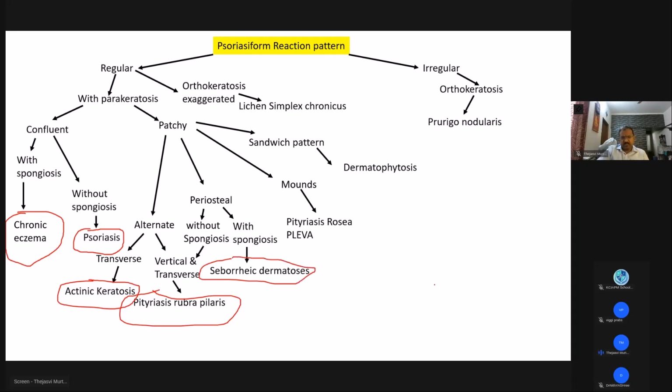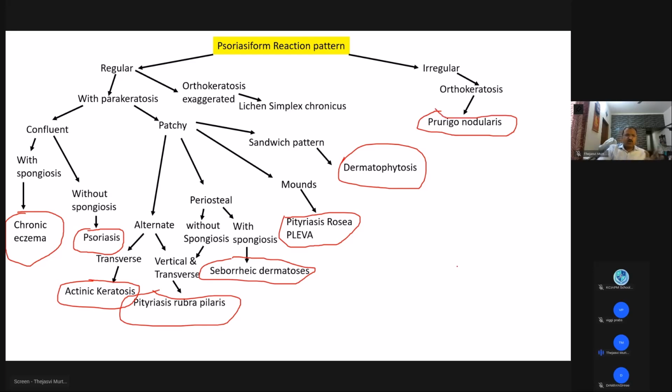Periosteal parakeratosis is also called shoulder parakeratosis. Then we have mounds of parakeratosis with psoriasiform hyperplasia, which is pityriasis rosea or PLEVA. Then you have the sandwich pattern, which is dermatophytosis. Then you have irregular acanthosis and orthokeratosis with vertically oriented collagen fibers, which is prurigo nodularis.